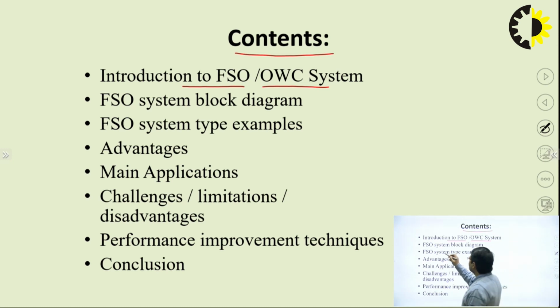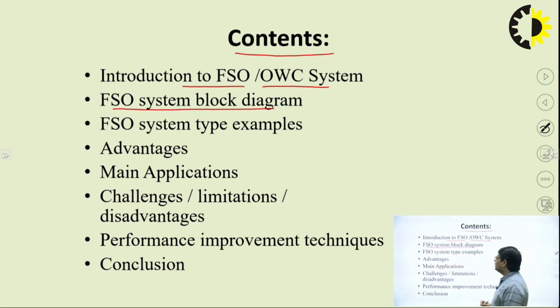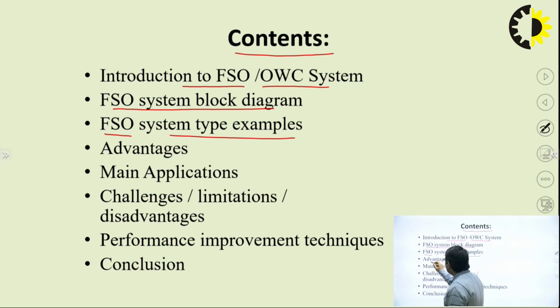Next, we will discuss the block diagram of the free space optical communication system along with its main components. In the next topic, we will see some examples or types of free space optical communication based system. Then we will discuss the advantages of FSO based communication system.